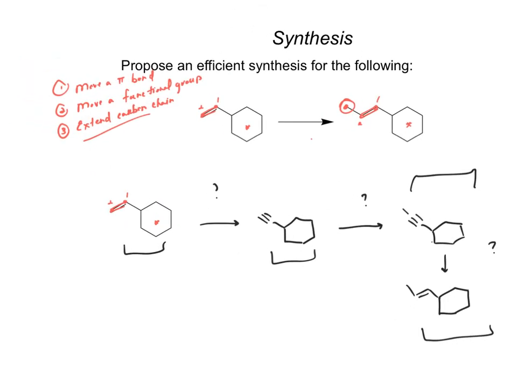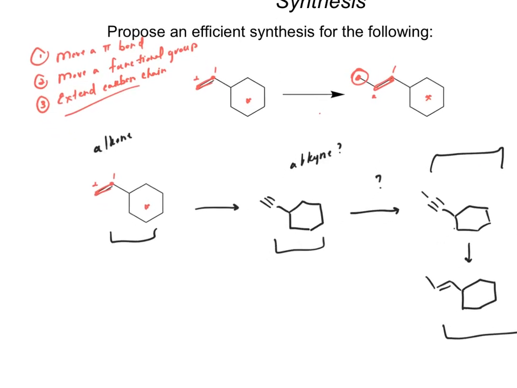Okay, so first off, how do we do this, right? How do we take an alkene, which is what we just mentioned? How do we make an alkyne? And the answer to that was what we had just reviewed, the fact that we can take this alkene and have it undergo that bromination reaction, that halogenation reaction, right?